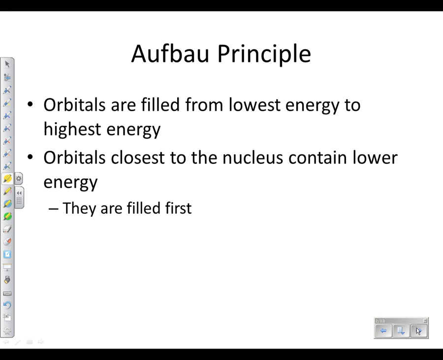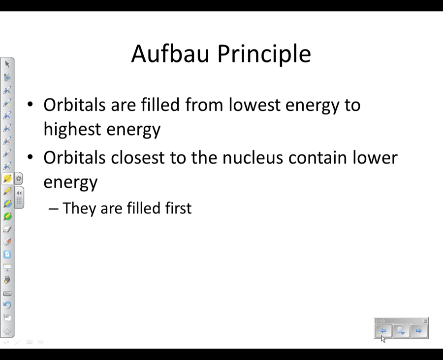As we've discussed over the past couple of days, orbitals closer to the nucleus contain lower energy. That idea started with Bohr, and even though we modified Bohr's idea, the thought that lower energy is closer to the nucleus still remains. So the orbitals that are closest to the nucleus contain lower energy.